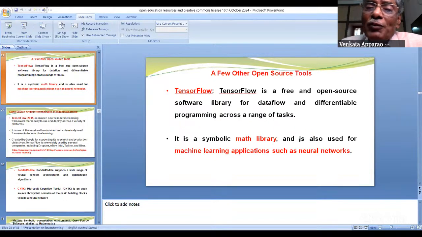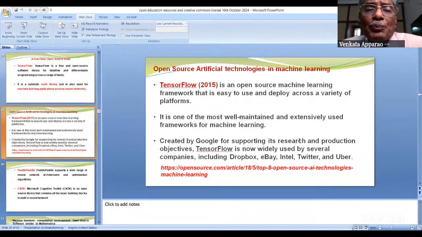Then a few other free and open source tools. TensorFlow is a free and open source software library for data flow and differentiable programming across a range of tasks. It is a symbolic math library and is also used for machine learning applications such as neural networks.